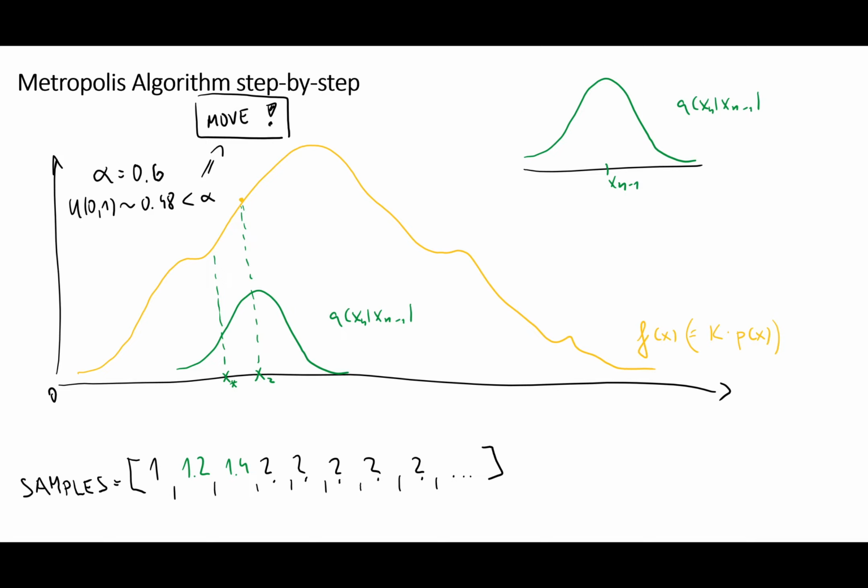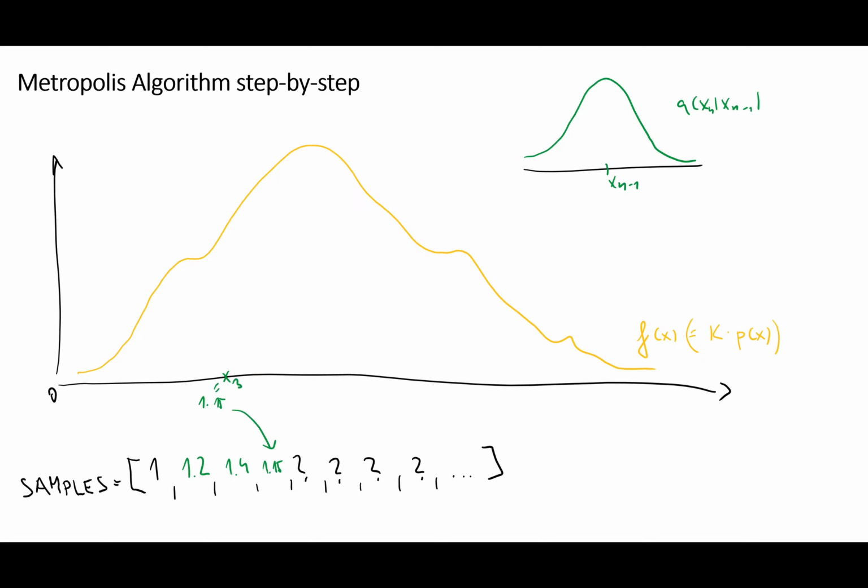Therefore, it is smart for us in this moment to move into this location. So we basically played the roulette, and we had this 60% chance that we will move, but we also had like a 40% chance that we will stay where we are, because it was not so smart to move there. And we moved into this 1.15.